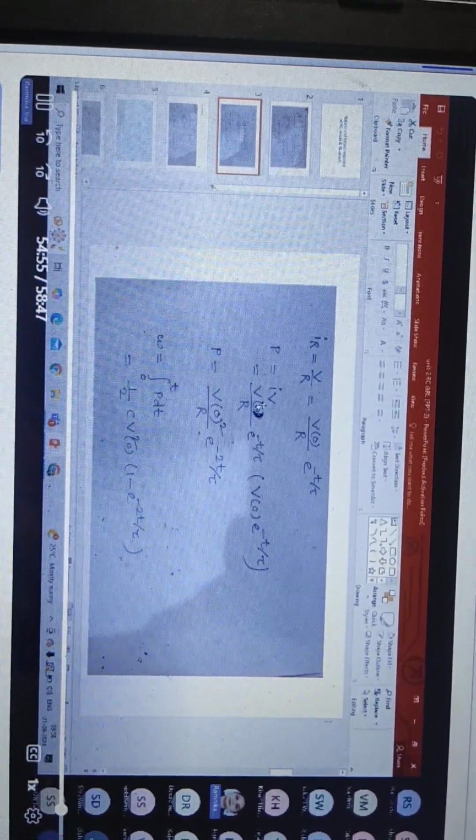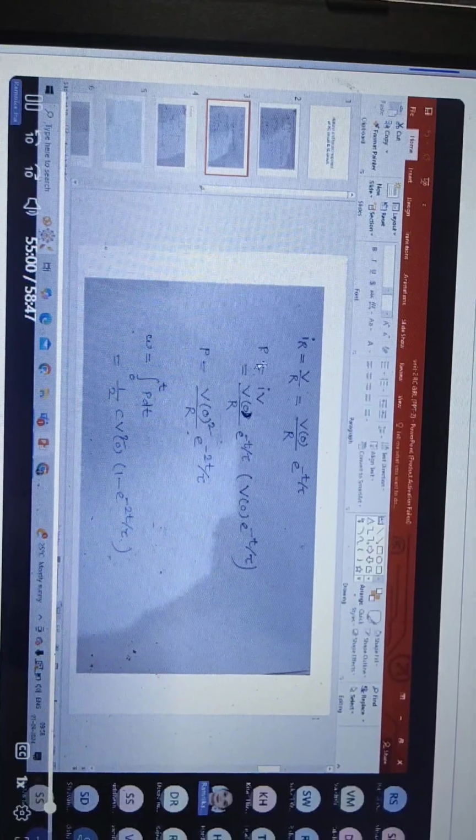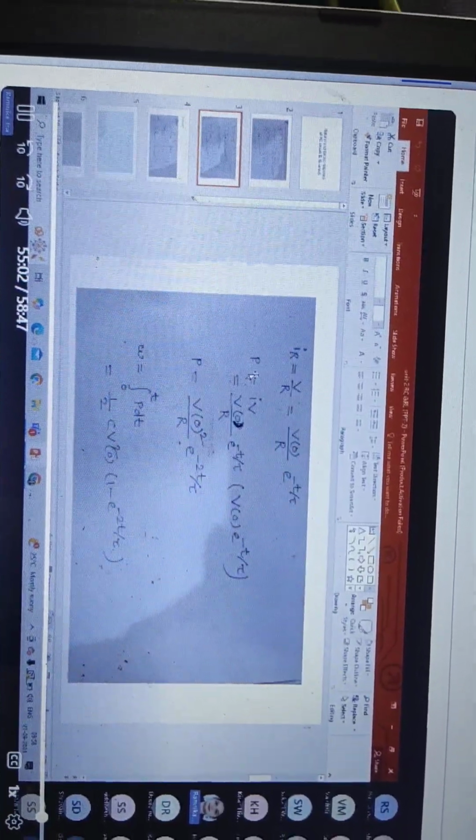The power is I times V. The I value is V0 divided by R e to the minus t divided by tau, and the V value is V0 e to the minus t divided by tau.